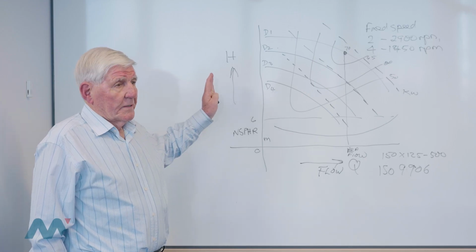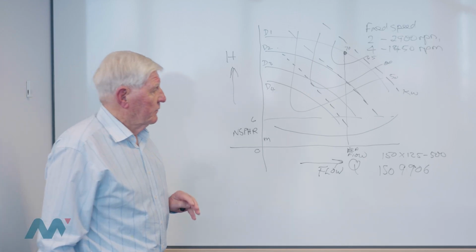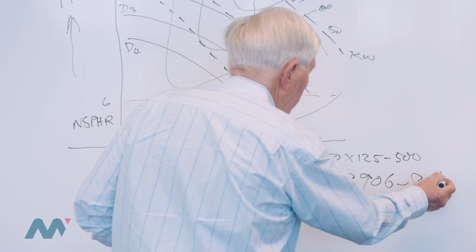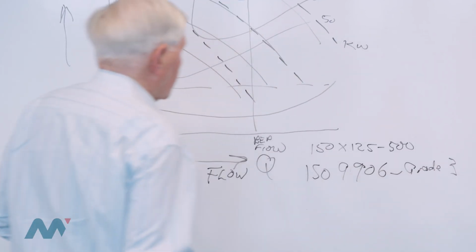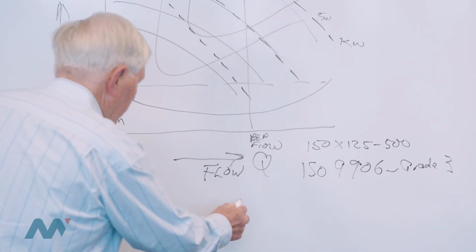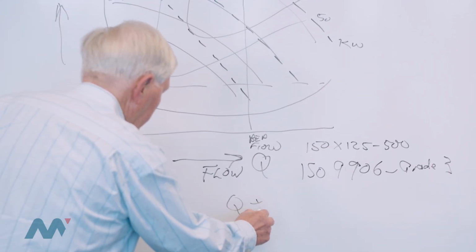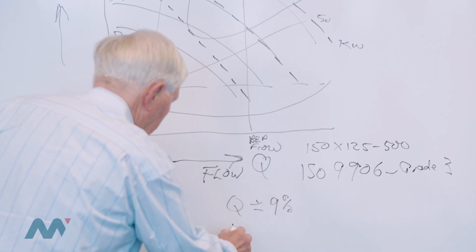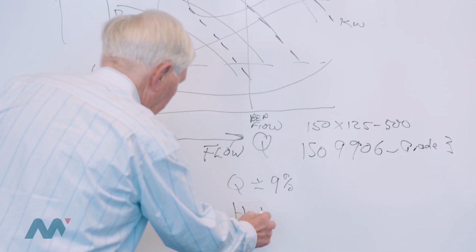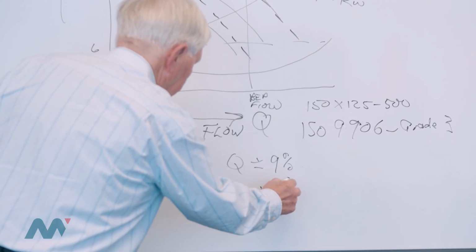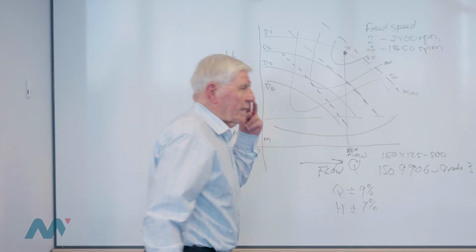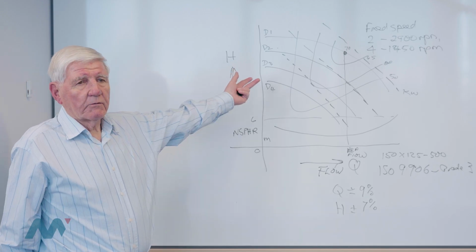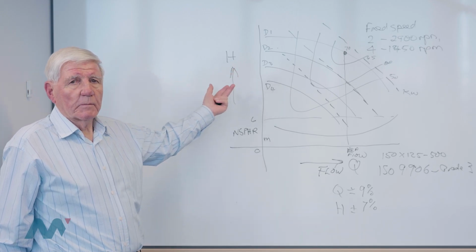A normal published curve given to you by a pump manufacturer would in fact be to grade 3. And the grade 3 tolerances for Q are plus minus 9%, and for H they are plus minus 7%. So that immediately gives you an idea as a pump user how accurate the information is in the pump performance curve.